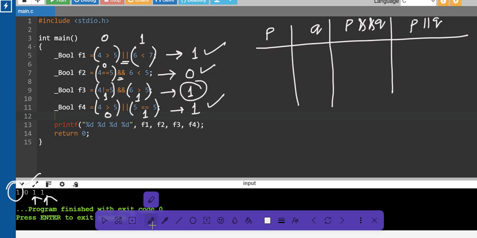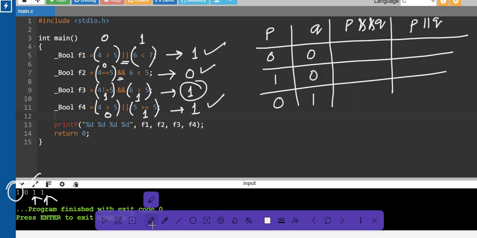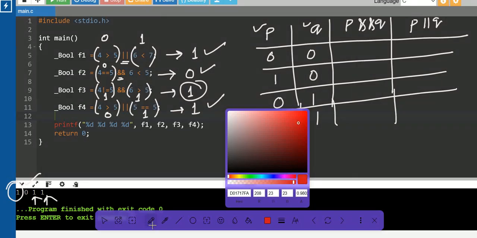Okay, so what will be the outcome? If we start with 0 0, one outcome, 1 0, another outcome, 0 1, another outcome, and the last outcome is 1 1. Just note down this table, you can easily recall. So consider this P and Q are what? The conditions. Which condition am I talking about? I am talking about this particular condition.